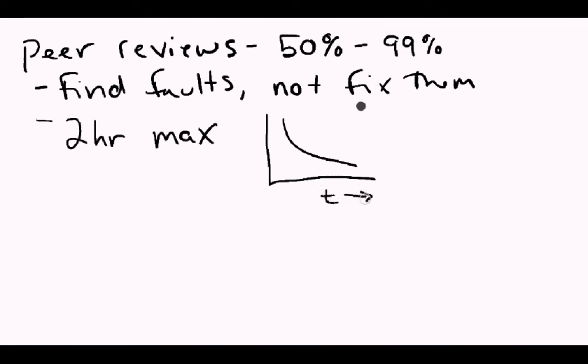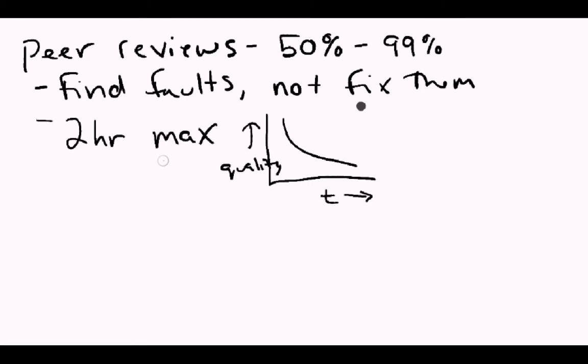As time goes by, the quality of the comments goes down. Okay, so if you were to schedule, say, an 8-hour peer review, after a couple hours, you're going to be so tired or so bored of just sitting and listening to this document be read, you're probably not going to make very good comments. So we like to keep it to like a 2-hour max for a peer review.